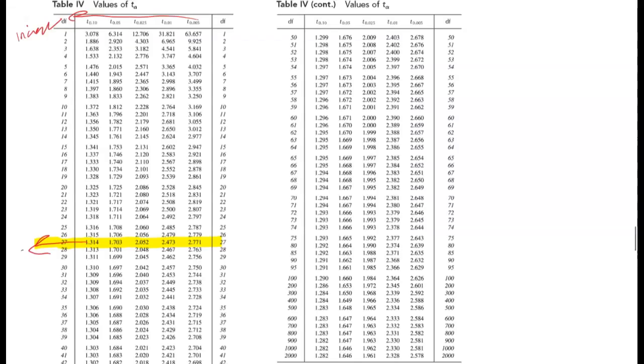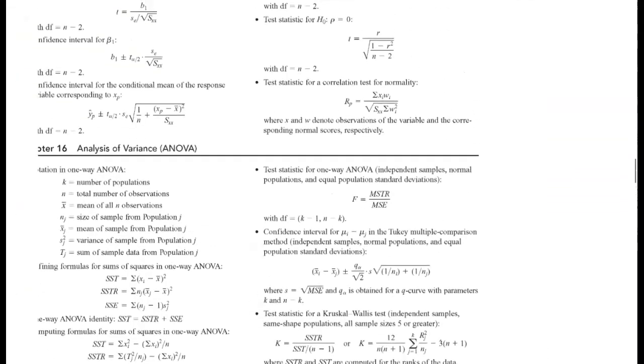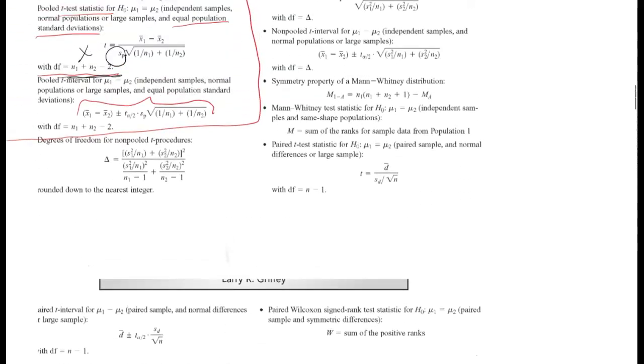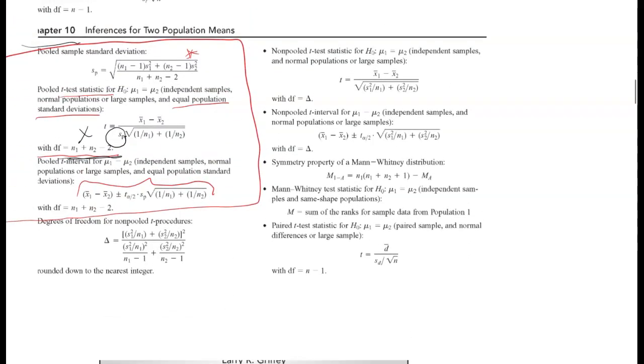The non-pooled test, if you look at your formula sheet, are located so again, there's that crazy degrees of freedom formula, but they're over here. Here's your non-pooled test. You've got the test statistic, and of course, if you need to find a standard deviation, that's going to be there as well.